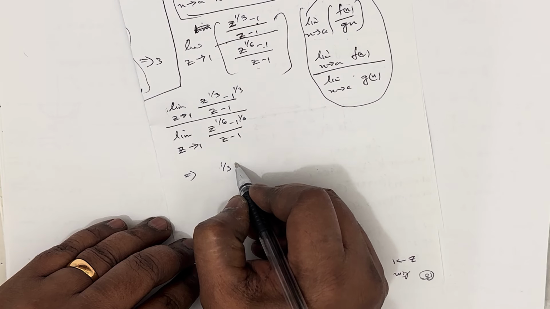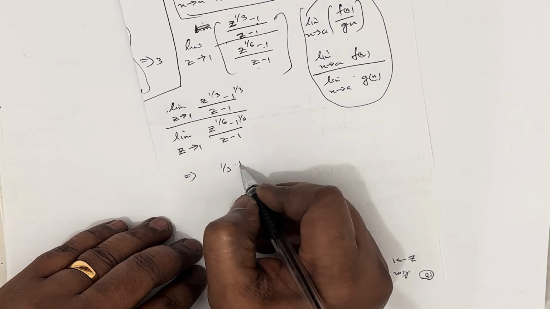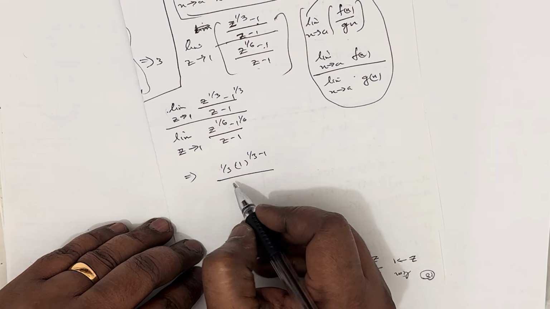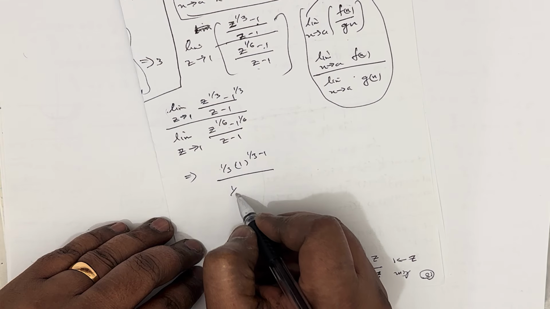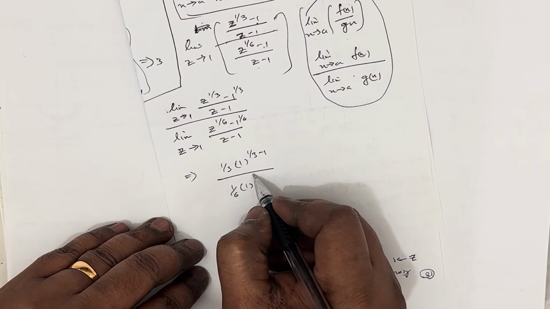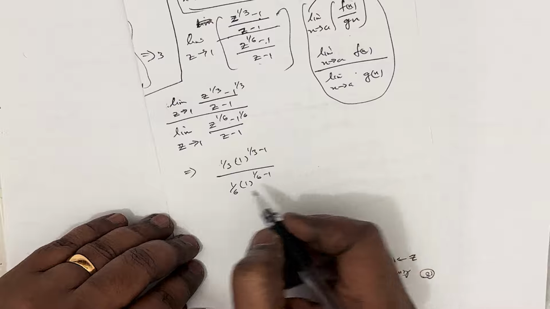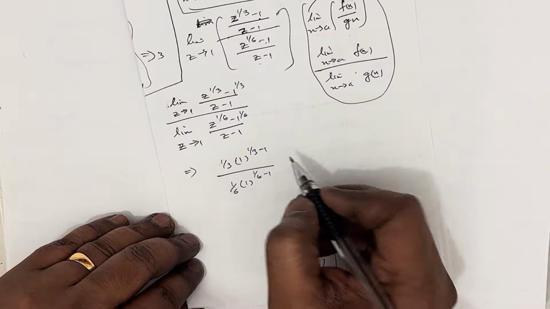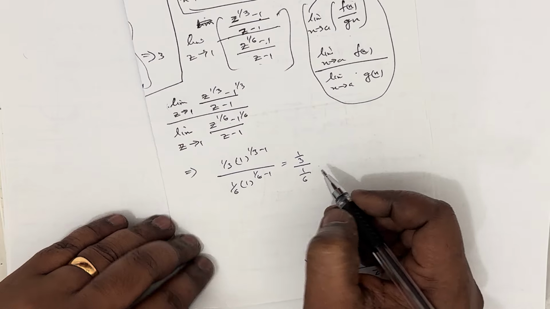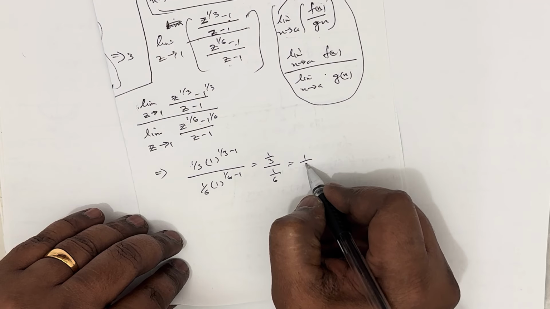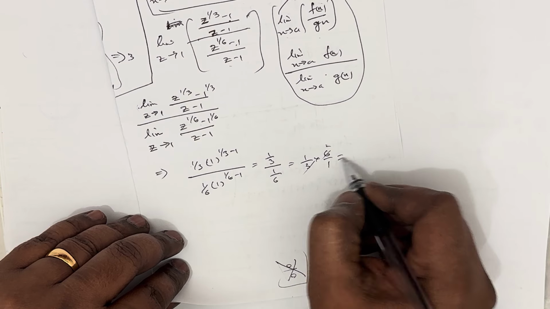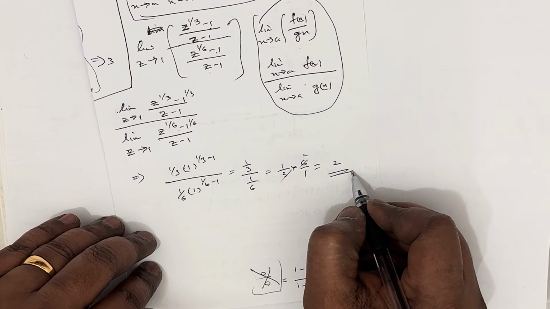So 1 by 3 multiplied by 1 raised to 1 by 3 minus 1, whole divided by the denominator part, 1 by 6 multiplied by 1 raised to 1 by 6 minus 1. Now 1 raised to anything is 1, so this will become 1 by 3 upon 1 by 6, which can again be written as 1 by 3 into 6 by 1. So 3 goes 2 times, so we have 2. So this is the answer.